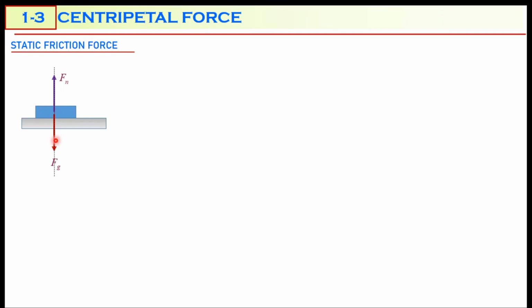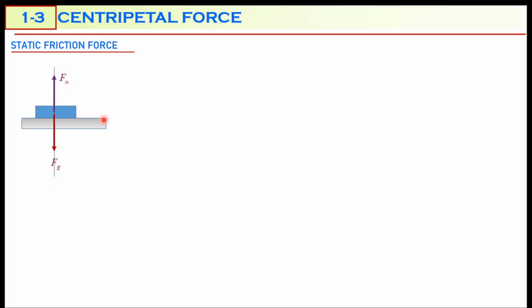So this block is at rest in here. We know that if an object is at rest like this, there will be two forces acting on this object. One force is, as usual, the gravitational force, Fg. Earth is attracting this object down like this.